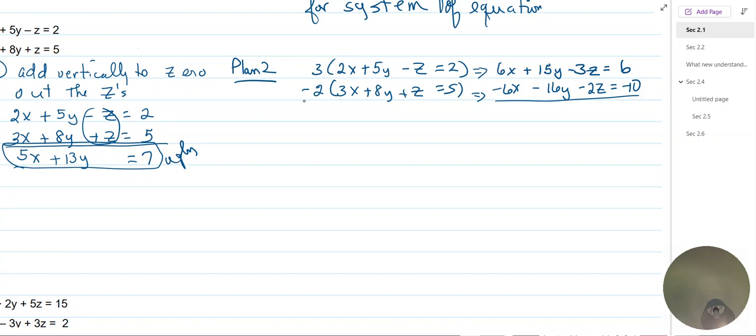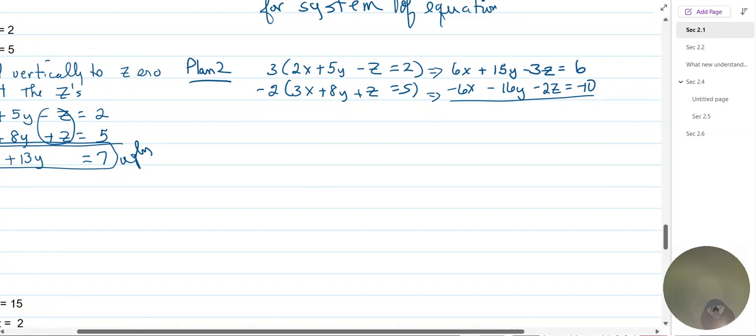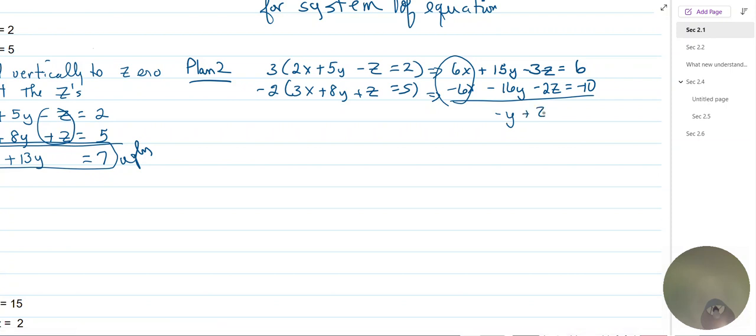Negative 6, negative 16, 8 and 8, and those were all positive, and a negative 10. Okay. All right. So let's see what we have now. This zeroes out. So I have a negative y plus a z equals negative 4. Do you agree? All righty then.